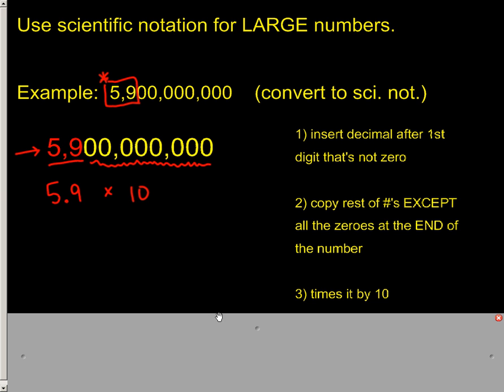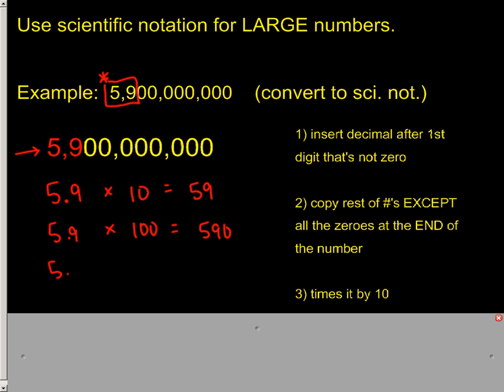And now we've got to figure out, how do we know what exponent to put here? Well, it's a trick of the powers of 10. If I said 5.9 times 10, if you type that in a calculator, you get 59. If I say 5.9 times 100, you would actually get 590.